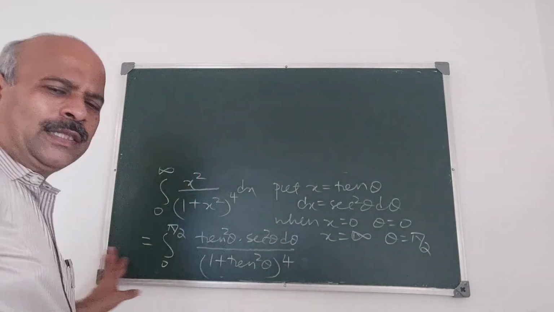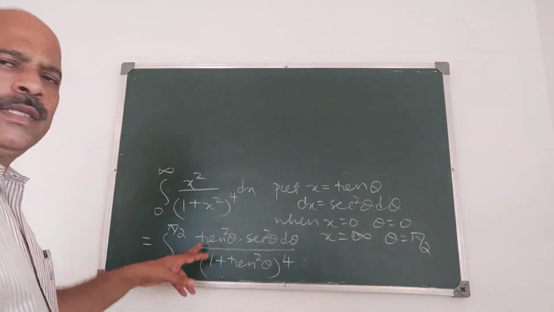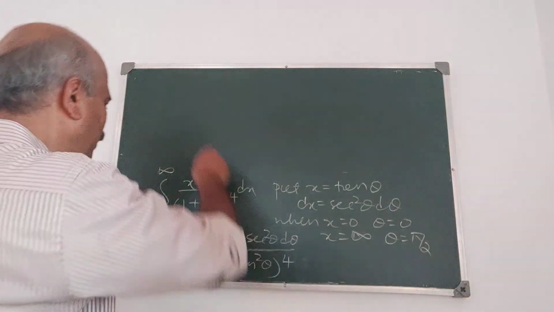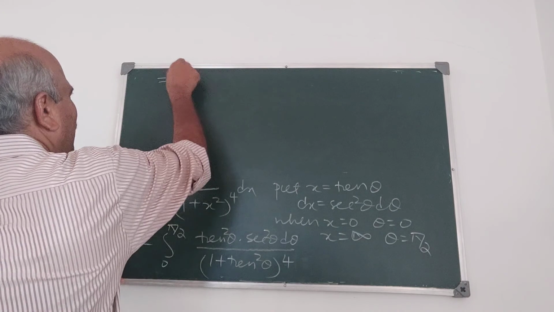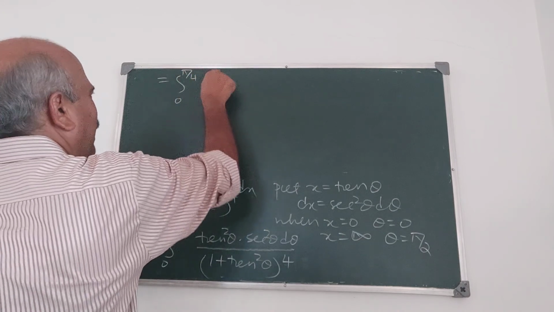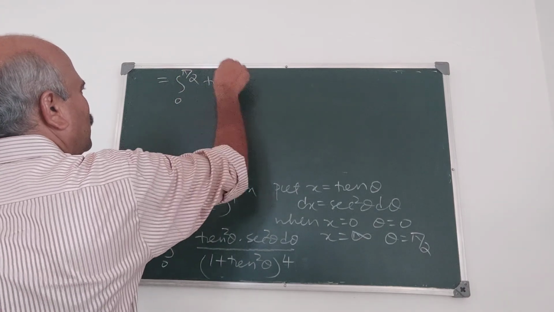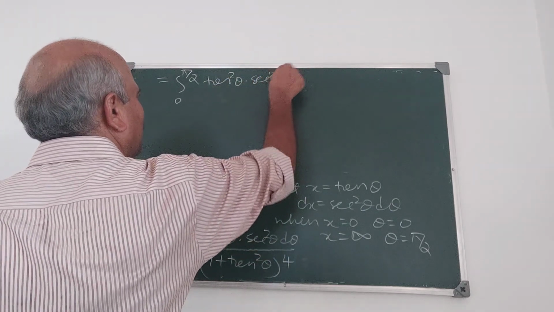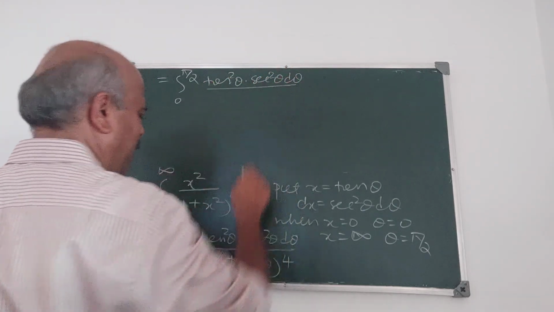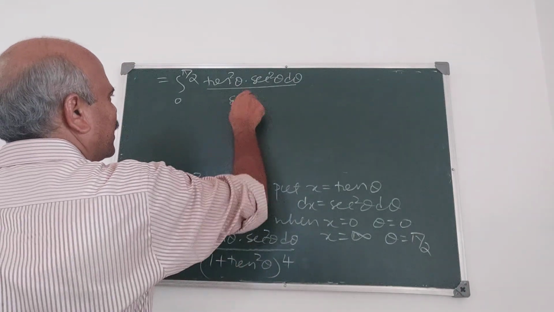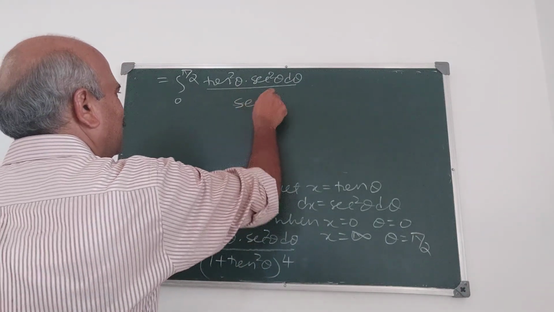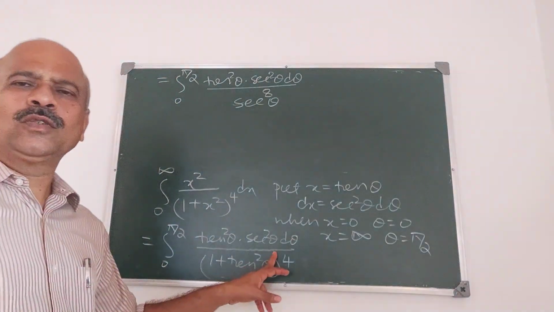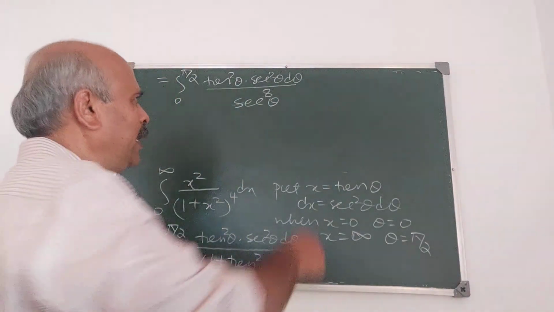X is tan theta, but finally this reduces to sin x raised to p cos x raised to q form. That is important. So it is the integral from 0 to pi by 2 of tan square theta secant square theta d theta divided by (1 plus tan square is secant square) so sec theta raised to 8. Secant square theta raised to 4 is sec theta raised to 8.